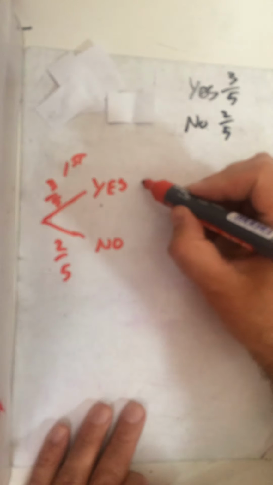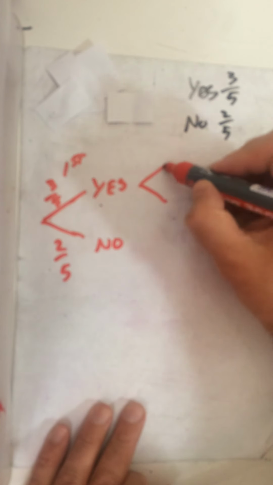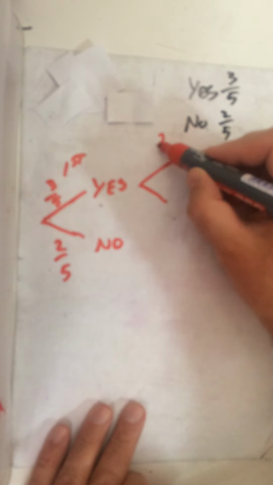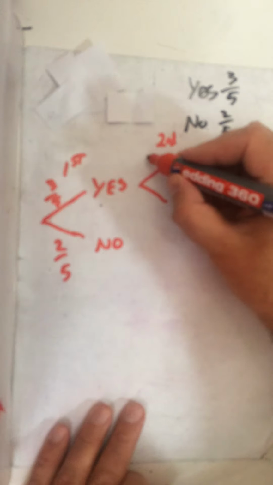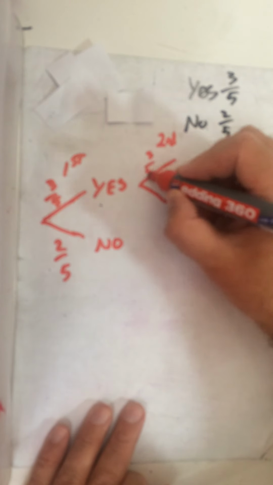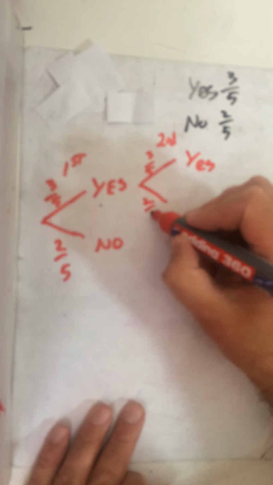And then after that we're going to have a second go, and these are the probabilities with the second go. So the second attempt, and again the probability is 3/5 to get a yes and 2/5 to get a no. And this is what's in the book.